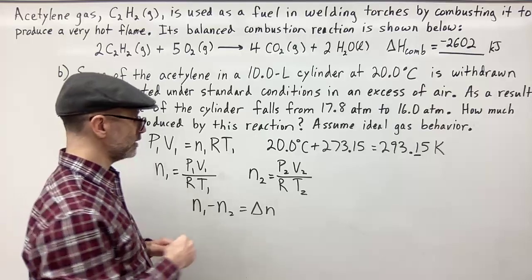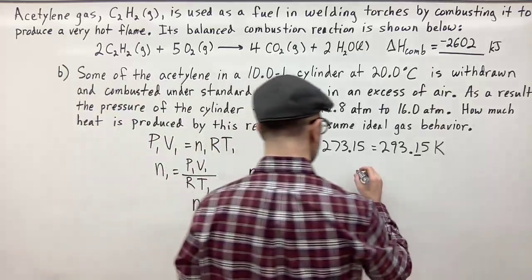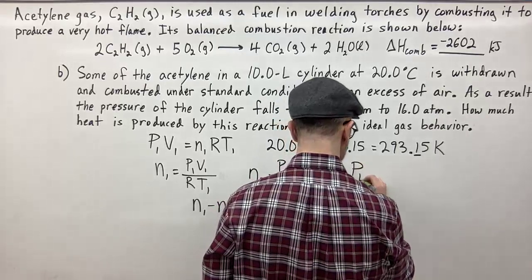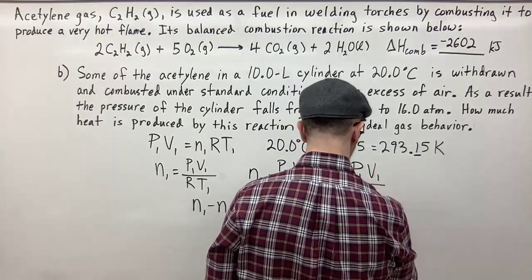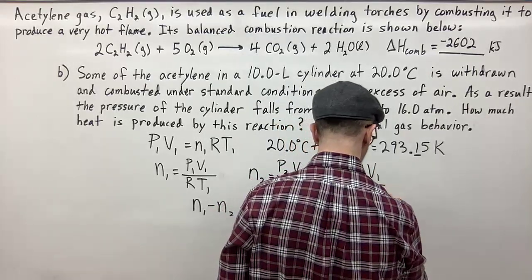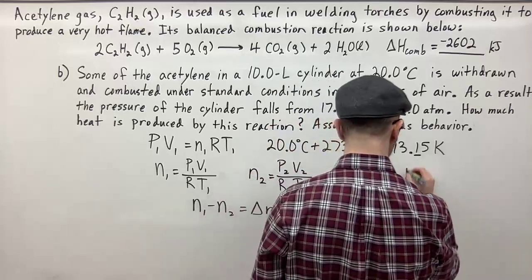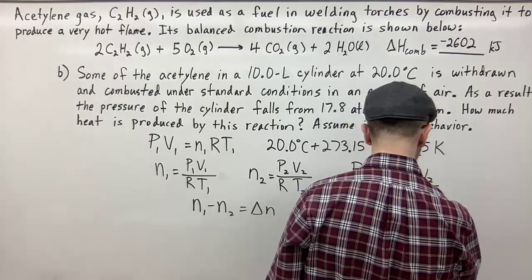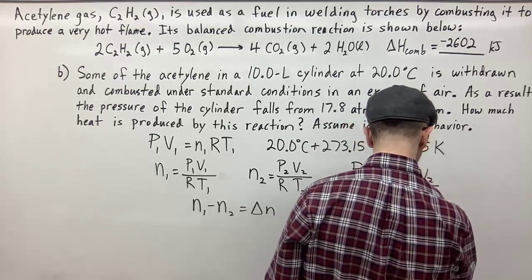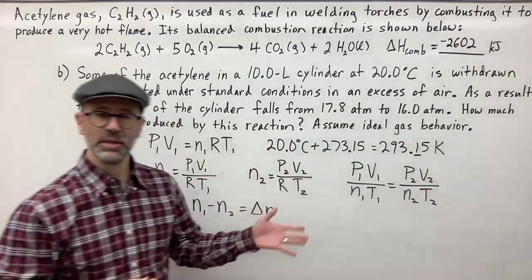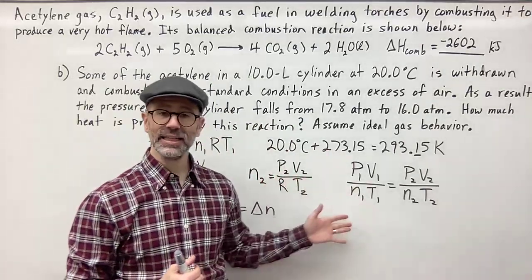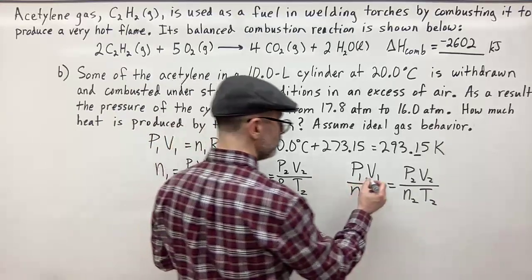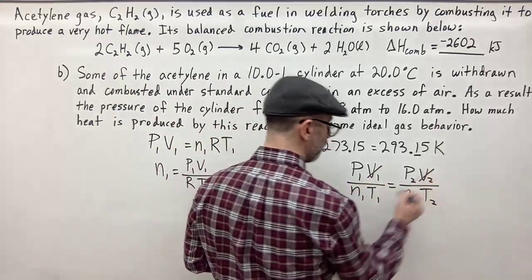So in this case, if I do my combined gas law equation, P1 V1 over N1 T1 is equal to P2 V2 over N2 T2. If I eliminate anything that's constant, then volume is constant, so I get rid of that.